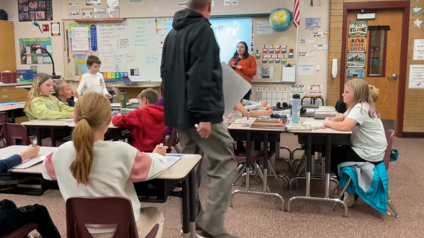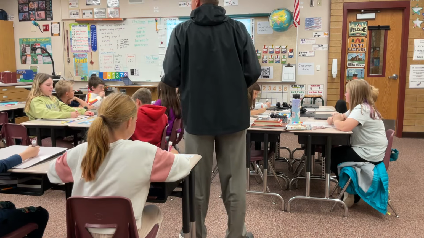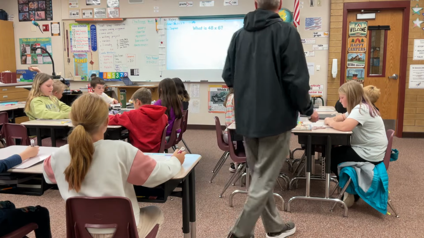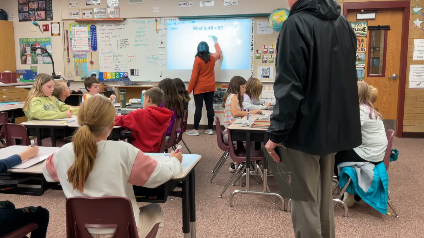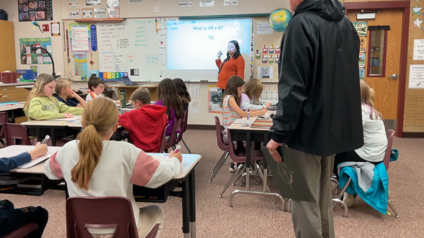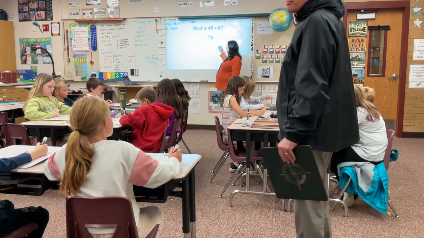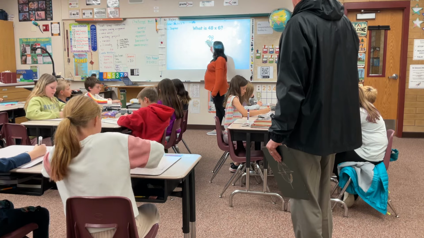I explained it a little bit, but how do we start our partial products? Walter? You write 48 down. 48. And then what? Does anybody else remember? May? Do you do times? Yep, you do 6 underneath it and times like that.